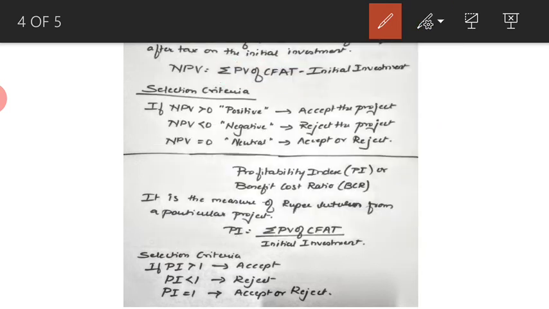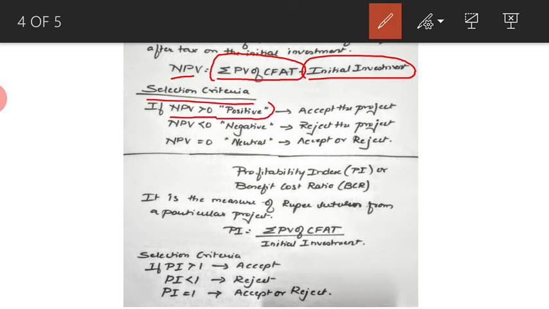So what is the formula of NPV? NPV is equal to summation of present values of cash flows after tax minus initial investment. Then there is a selection criteria. What is the selection criteria for NPV? If NPV is greater than 0, that means if the NPV is positive, then we accept the project.